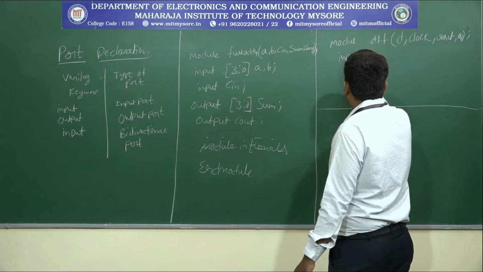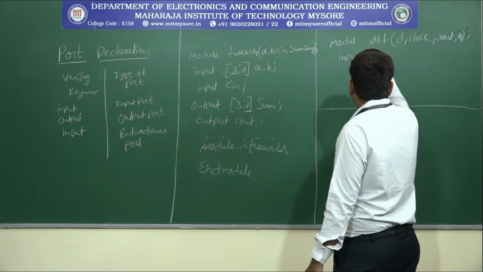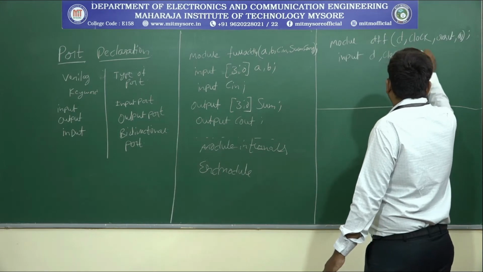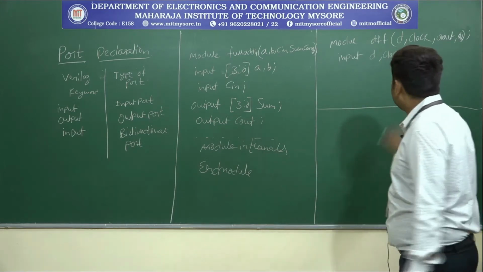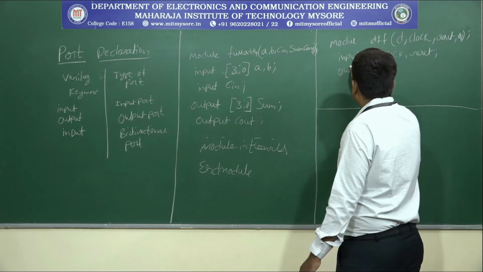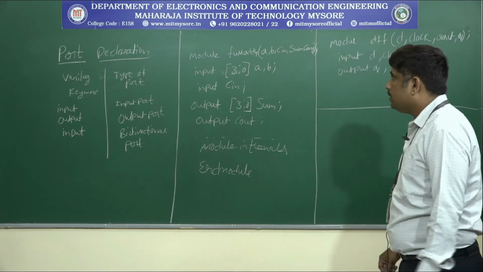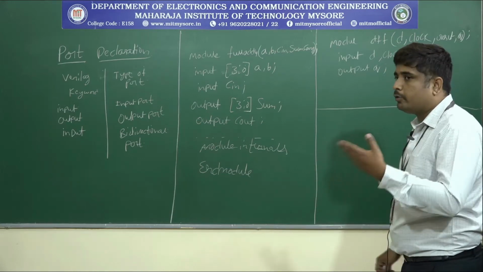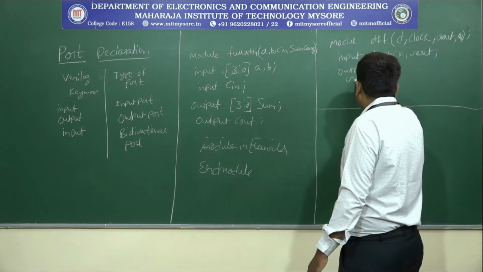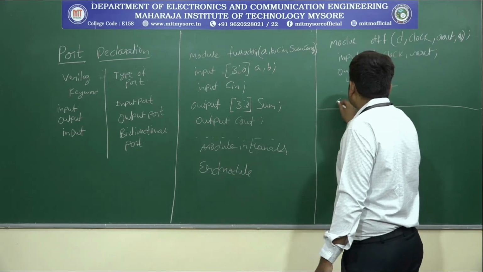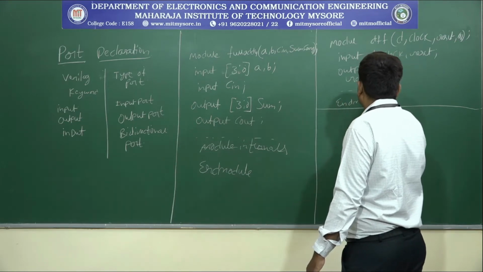Input D, clock, reset are the inputs, then you have to mention the output. So output is Q. Again I mention the output should act as a register. So after output you declare reg Q, then these are all the module internals, then end module.